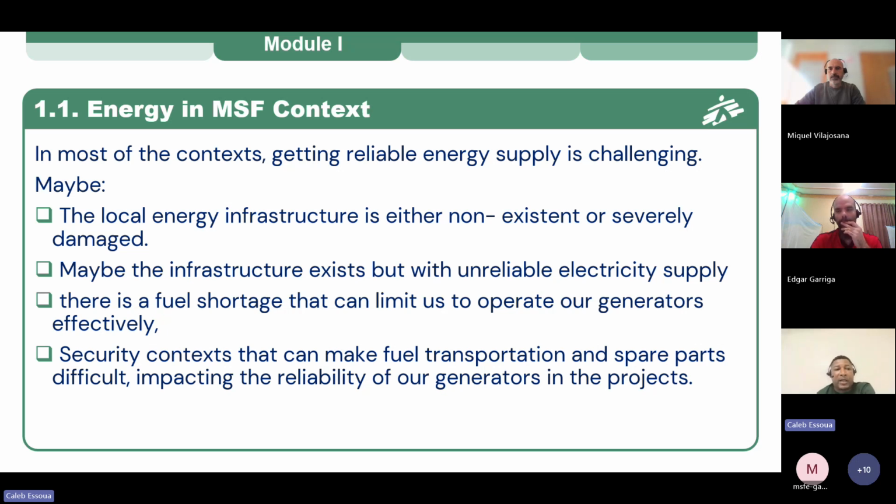And unfortunately, in most contexts, getting this reliable energy supply is challenging. Maybe the local energy infrastructure is either non-existent or severely damaged because of the ongoing war, like in Sudan. Maybe the infrastructure exists, but without reliable electricity supply. Maybe there's a fuel shortage that also limits the operation of your generator.